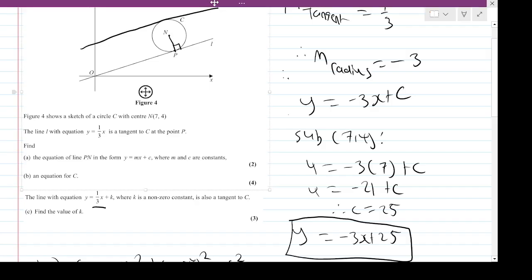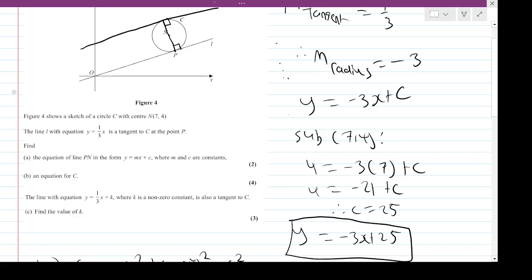Because it has the same gradient, that means the radius is going to have the same gradient as well. That we worked out before. So we just have to extend that radius and it would be the same equation of the radius we worked out, because that would be perpendicular.